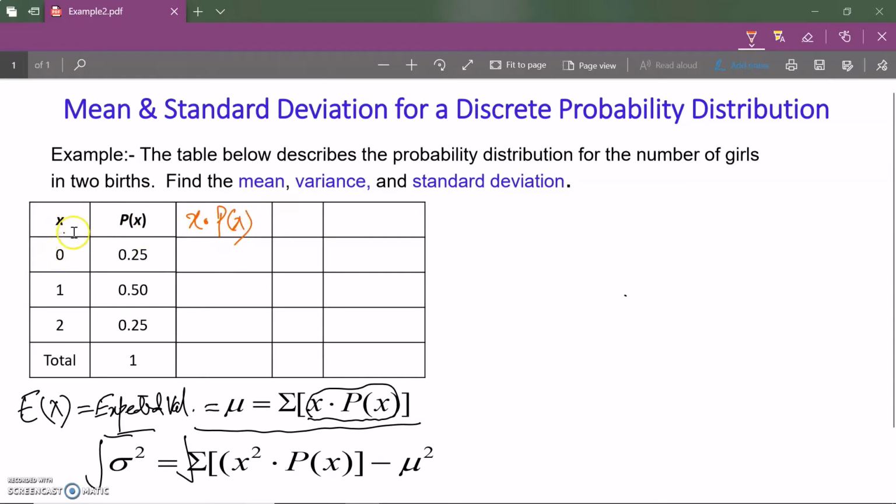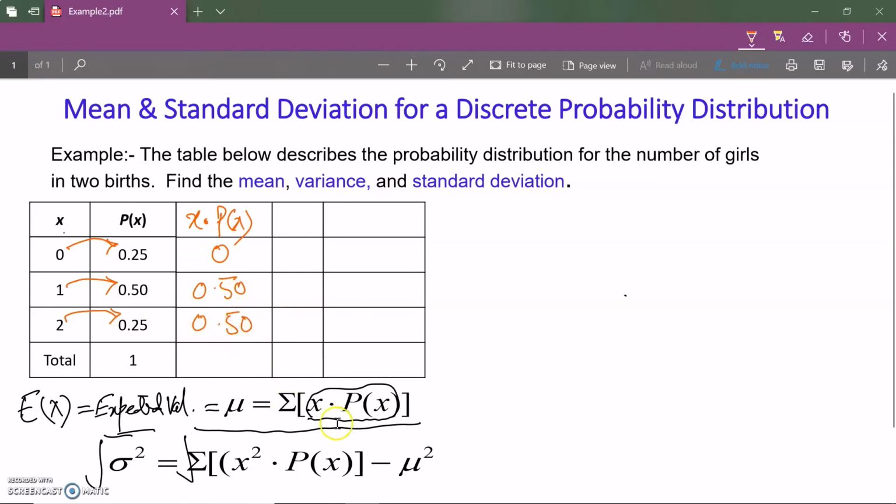I'm going to multiply each value of the random variable with its probability. 0 multiplied by 0.25 is 0. 1 multiplied by 0.5 is 0.5, and 2 multiplied by 0.25 is 0.5.